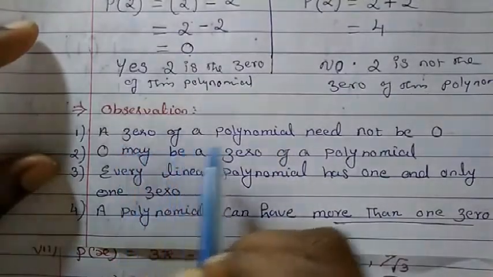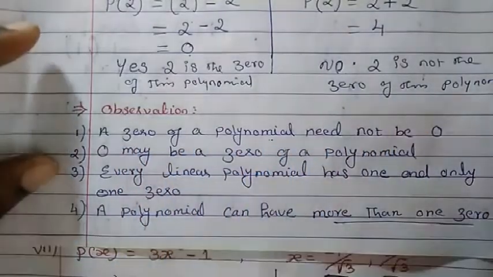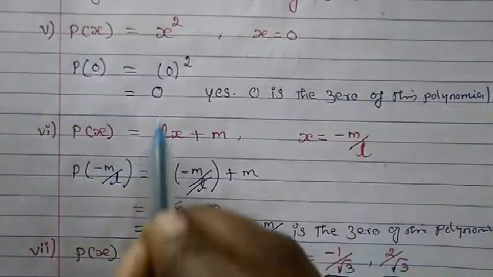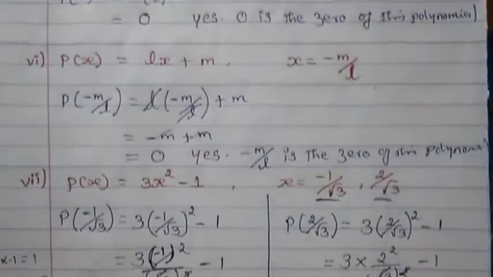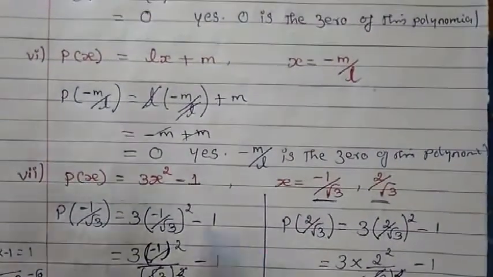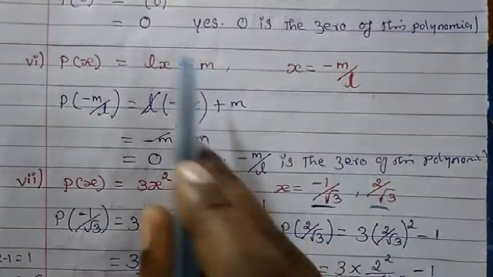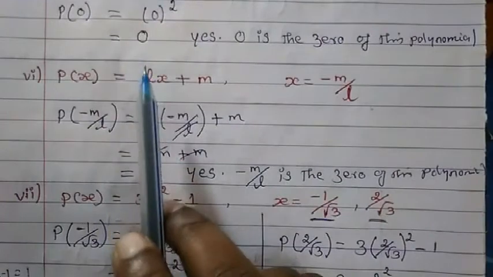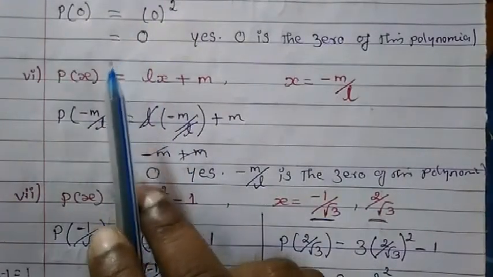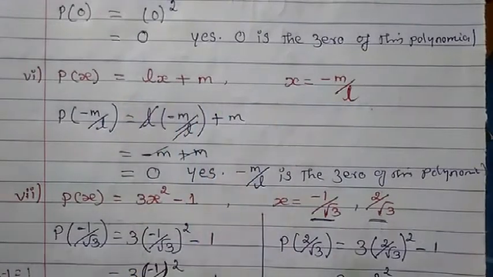That's the meaning: a 0 of a polynomial need not be 0, and 0 may be a 0 of a polynomial. You see here, 0 also can be a 0 of this polynomial, but not necessarily only 0. Here we have minus m upon l as the 0 of this polynomial. So it is not compulsory that only 0 has to be the 0 of the polynomial. There can be other values also which can become the 0 of the polynomial.